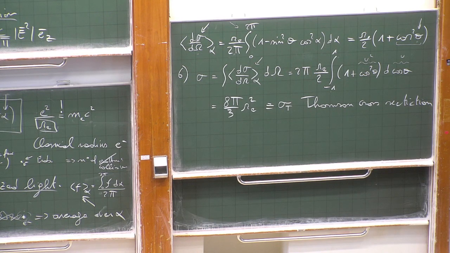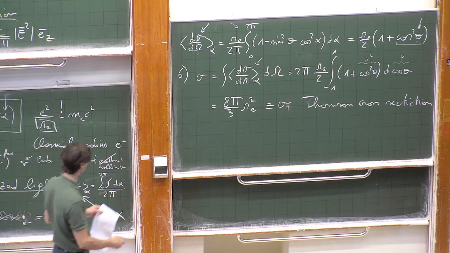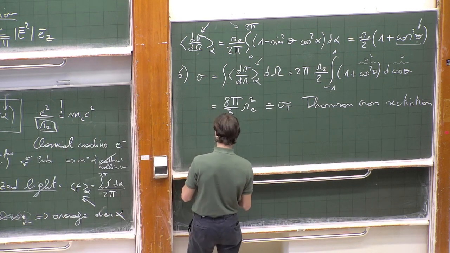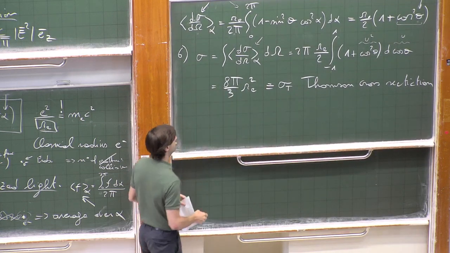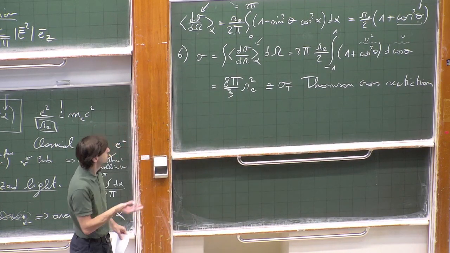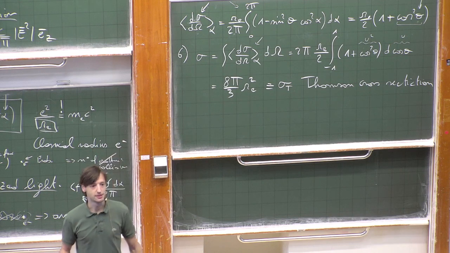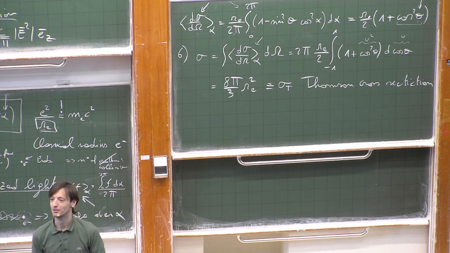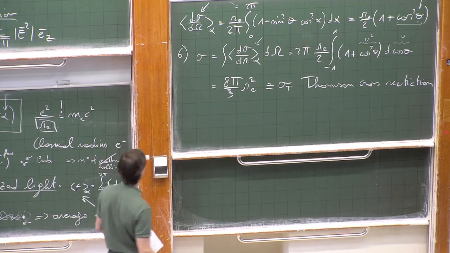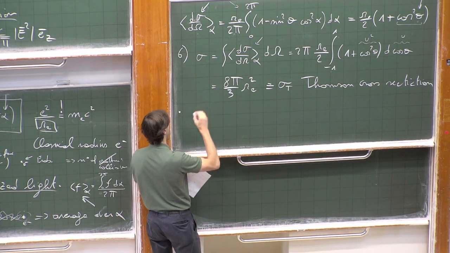Okay, isn't it simple? Now, let's look at an example, right? Let's take a more massive particle, a bigger particle. Let's take a proton, for example. Let's be even more general.